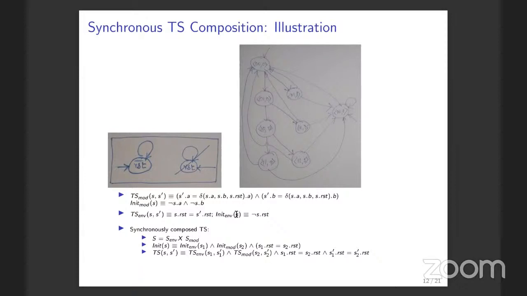It's easy. You just make the state universe the cross product, and then you just take the conjunction. That's it. You can see it is quite simple to do, and that's what I mean by constructing in a modular fashion.